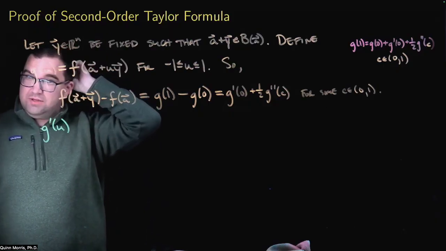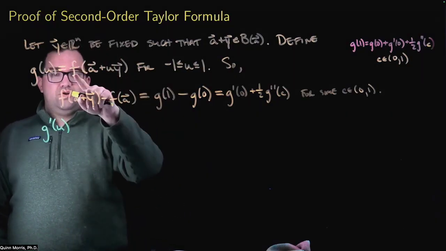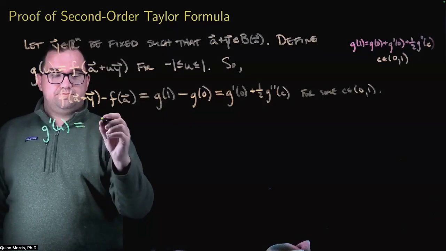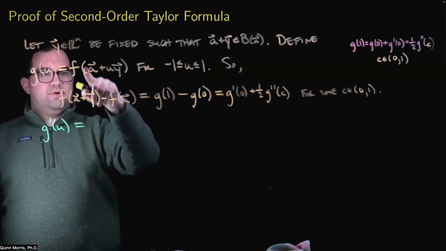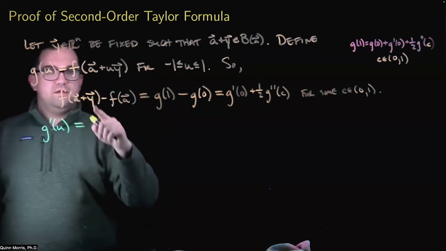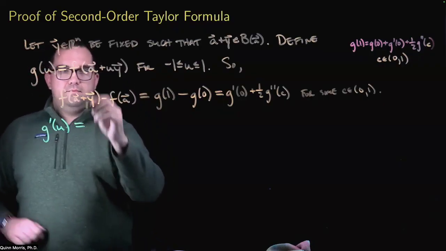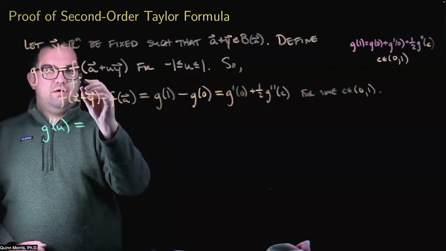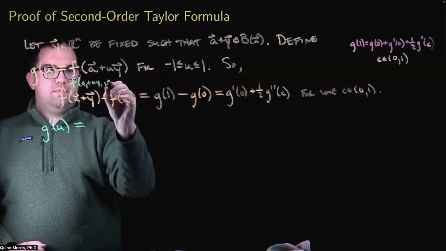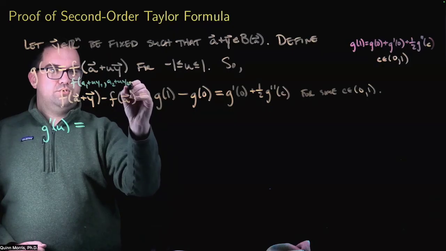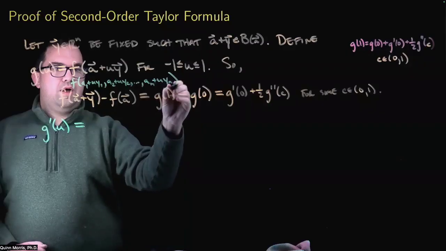Now remember, f is a function of multiple variables, so I have to apply the chain rule. I need to take a derivative with respect to each variable. I'm going to take a derivative with respect to the first variable and then take a derivative of the u stuff. I could express this as f of a1 plus u y1, comma, a2 plus u y2, all the way up to an plus u yn.